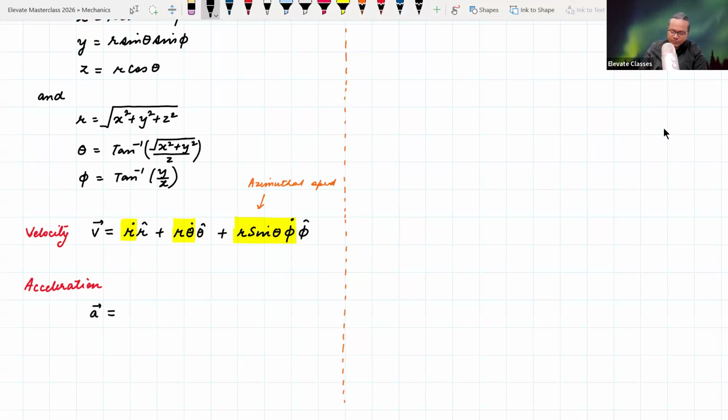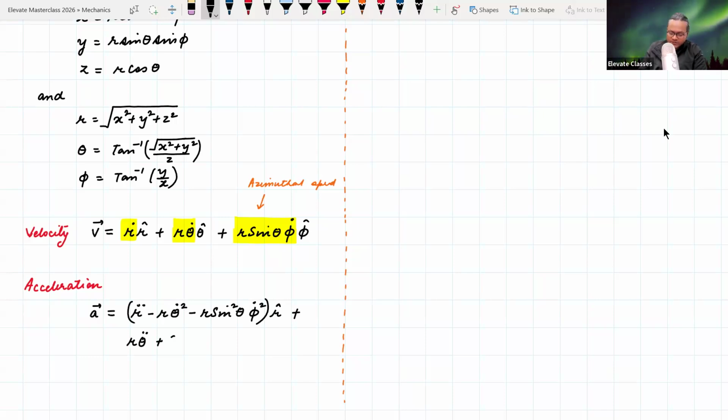So the radial acceleration is r double dot minus r theta dot square minus r sine square theta phi dot square, along r cap. So this is the radial acceleration.